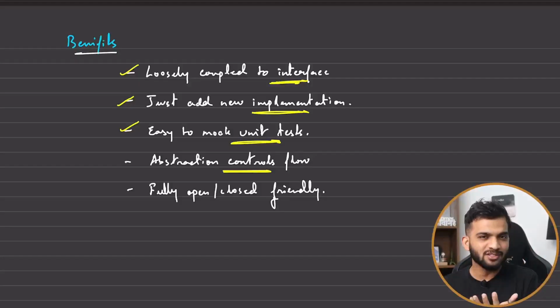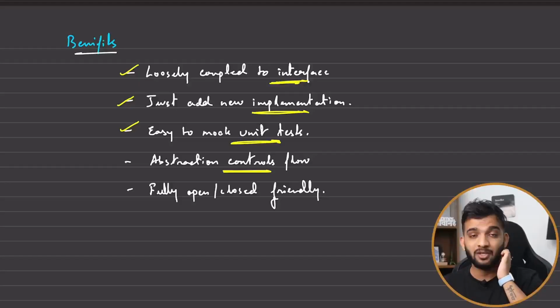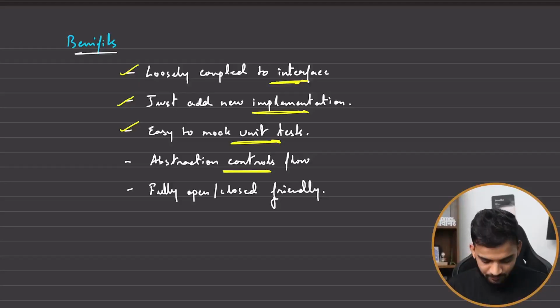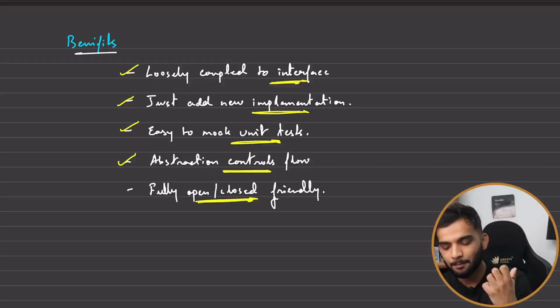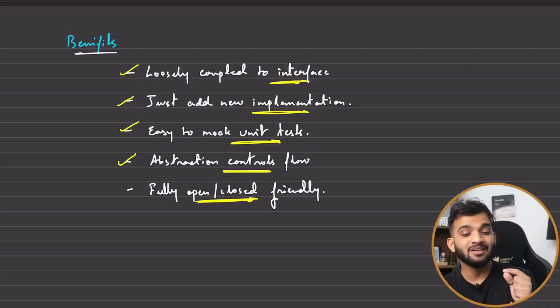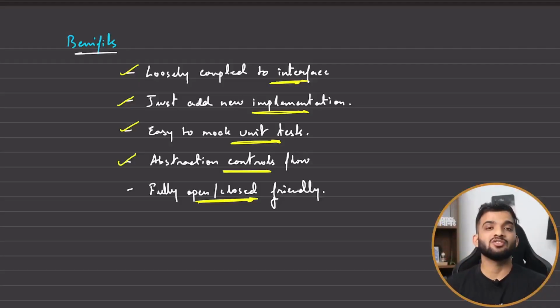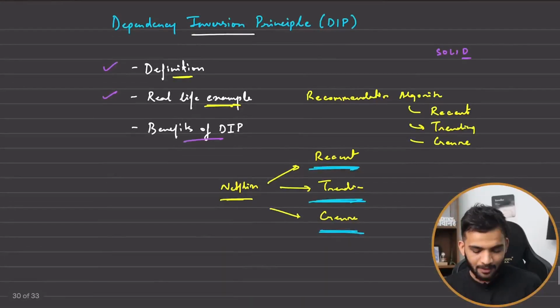There's a separate service, the recommendation algo, that does everything for you. The only thing you tell it is what kind of recommendation you want to use. Fully open closed. Obviously, the open closed principle is followed because I'm not modifying any existing class. I need a new functionality, so I add a new class and make sure it implements the recommendation strategy. Simple as that. So those were the benefits of DIP, or the dependency inversion principle.